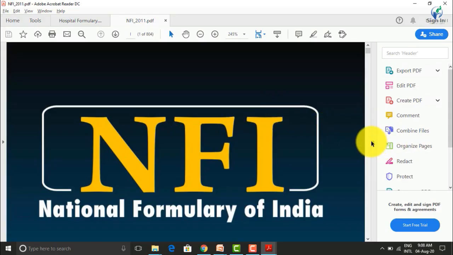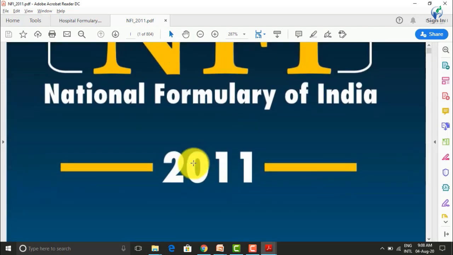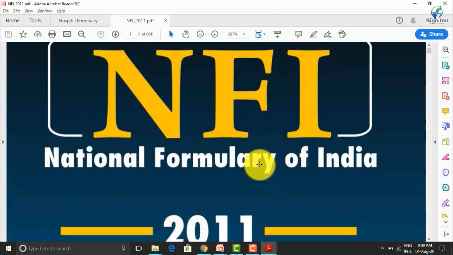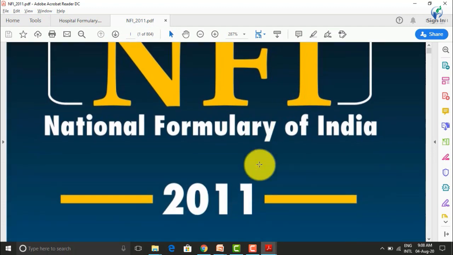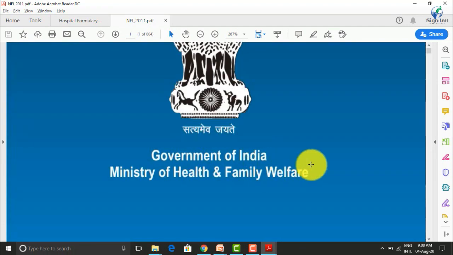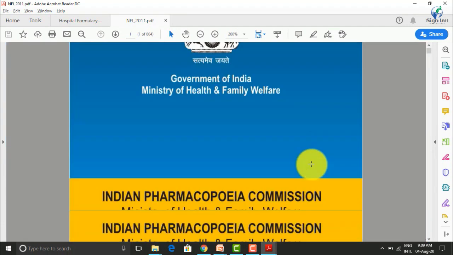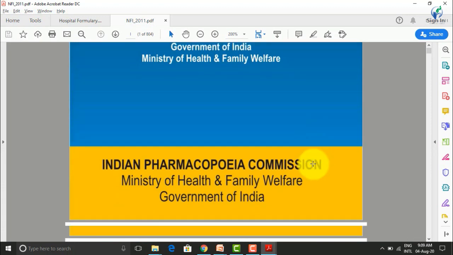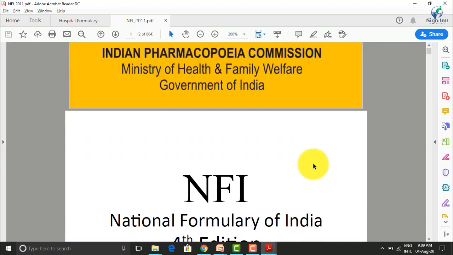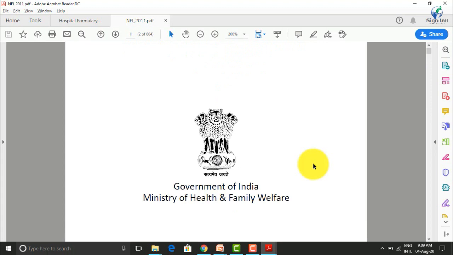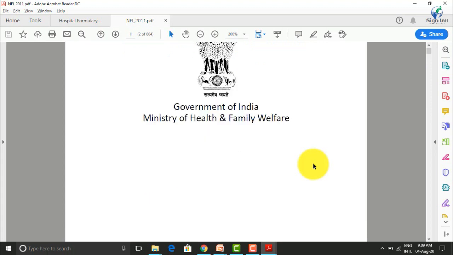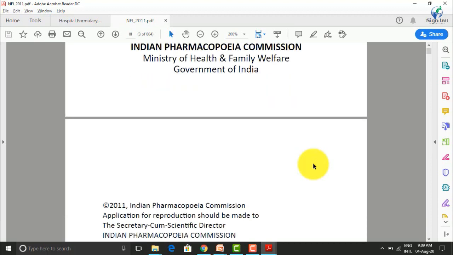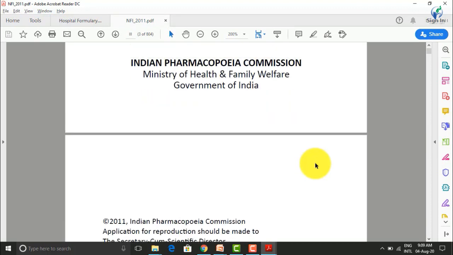See this, the N.F.I, National Formulary of India, 2011. You can see that it is in a very decent manner, as it is published by the Government of India, Ministry of Health and Family Welfare, and also IPC.